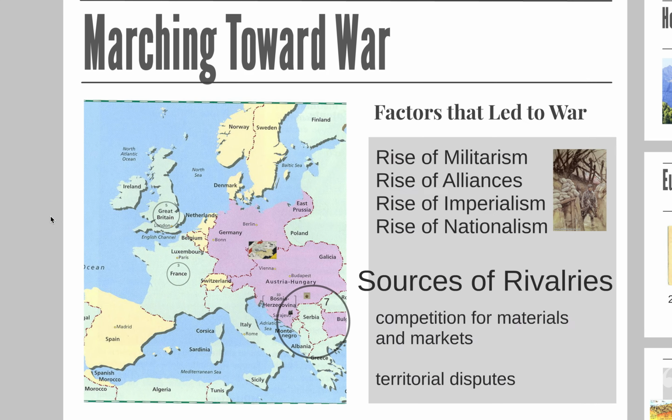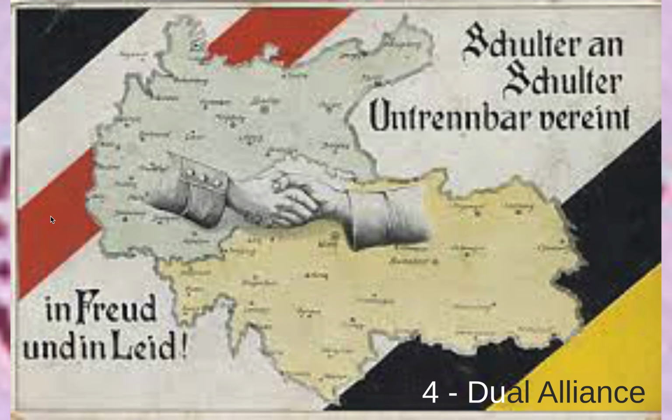So to alleviate the concern Germany had over their neighbor France, Germany formed an alliance with a nearby nation, their neighbor. They have similar culture, similar language, and it made sense for them to be on the same side. And this is Austria. And this was called, if you see it in the bottom right-hand corner here, the Dual Alliance between Austria and Germany to help offset any concerns the Germans had about a French threat.